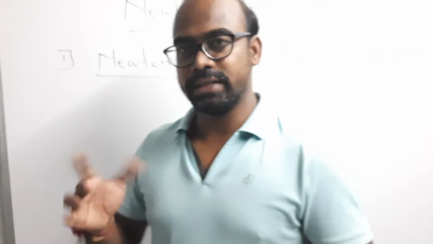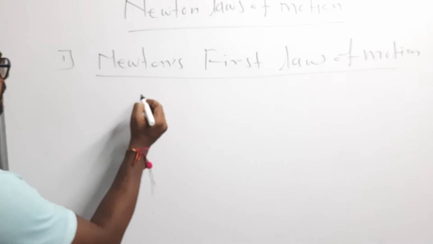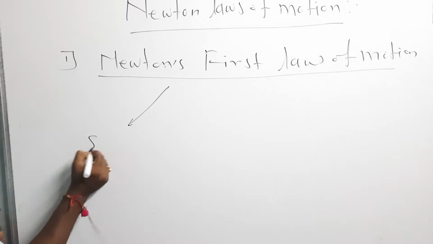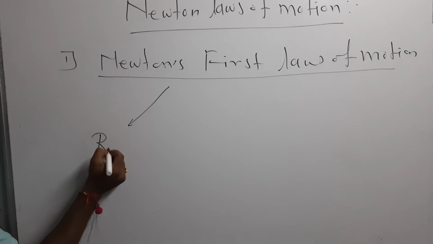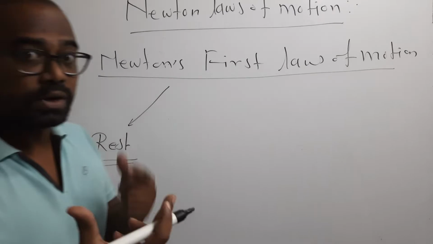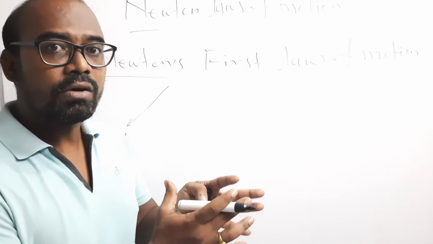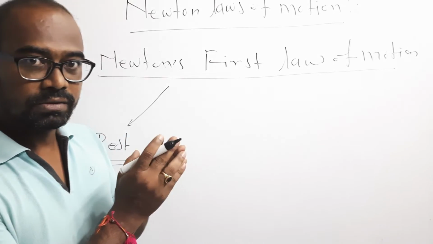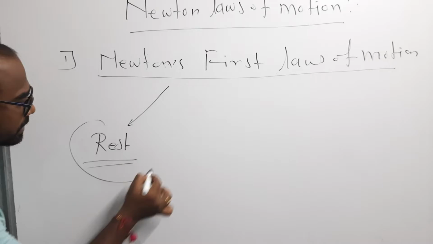In the same way, this is the first side. What I said about the rest. Try to remember this statement: a body or object is in a state of rest. This is the explanation about the rest.